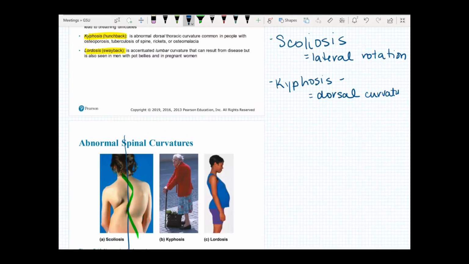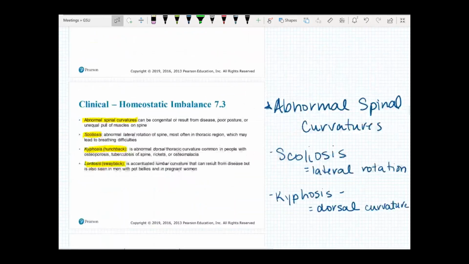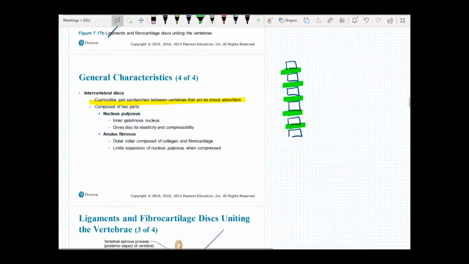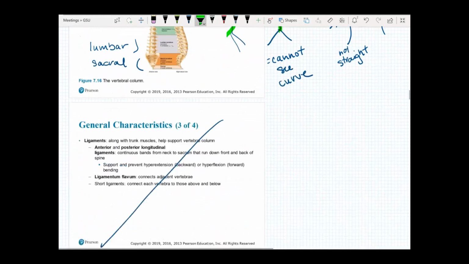It's an abnormal, accelerated curvature. So this lovely, sweet little lady right here, if we were to draw a line right there, you'll notice that rather than doing the curve she's supposed to do with your dorsal, with having just a very slight curvature, in your cervical will go concave and then into your thoracic as convex.